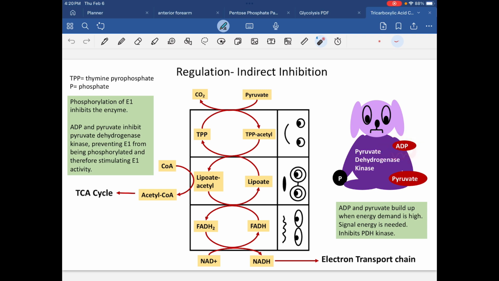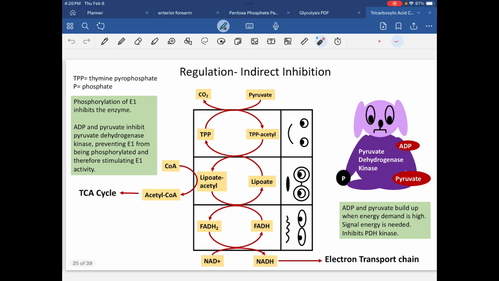ADP means that we need to make more ATP. That's the thing that we build up when we've been using lots of energy. Pyruvate, if we have lots of pyruvate, some of it's got to get shifted into the citric acid cycle. So when these molecules bind to this enzyme, it's going to take that phosphate group that we had up here and pull it off so that this enzyme speeds up.